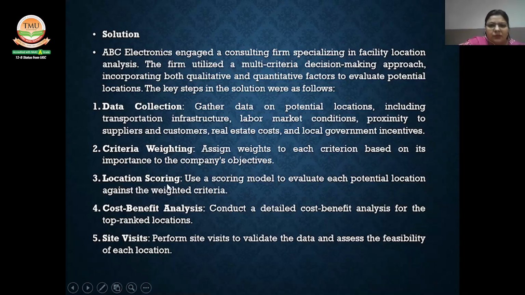The key steps in the solution were as follows. These are the factors which are considered when they select the location. Okay, the first factor is data collection. Gather data on potential locations including transportation infrastructure, labor market conditions, proximity to suppliers and customers, real estate cost and local government incentives.